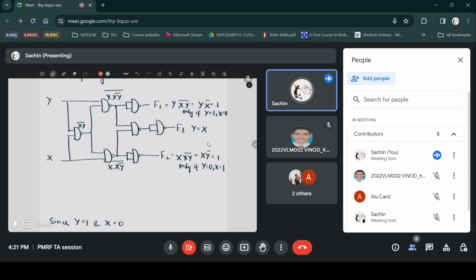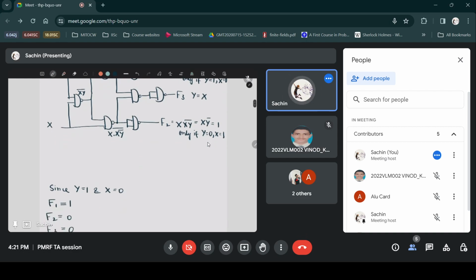So that means x is greater than y for a single bit. So it's comparing whether x is greater than y or not. If x is greater than y, f2 will be equal to 1, otherwise it will be 0. So in this case, y is 1, x is 0, so f2 will be 0.